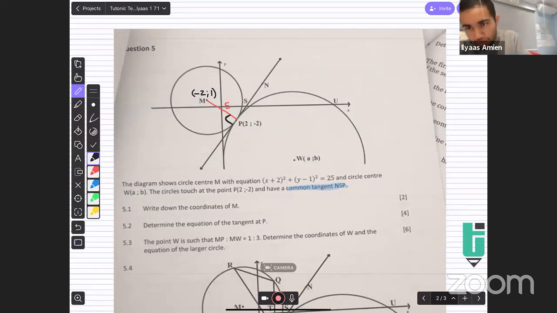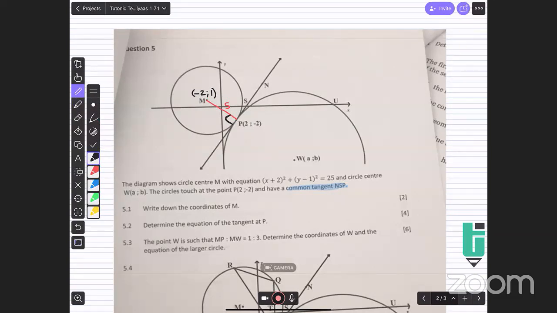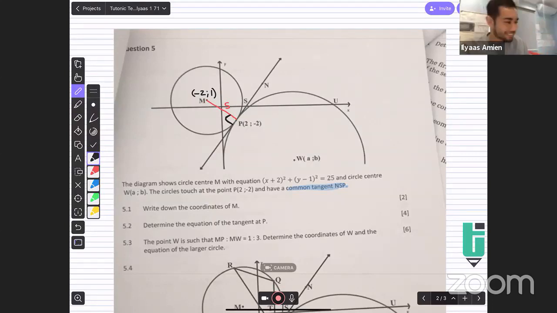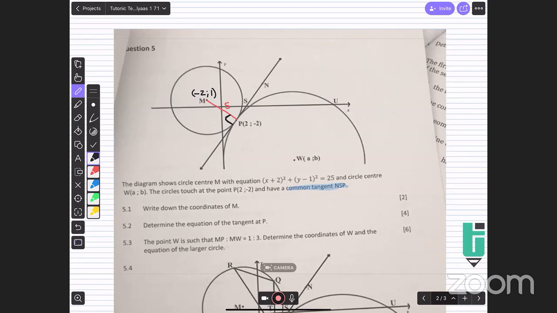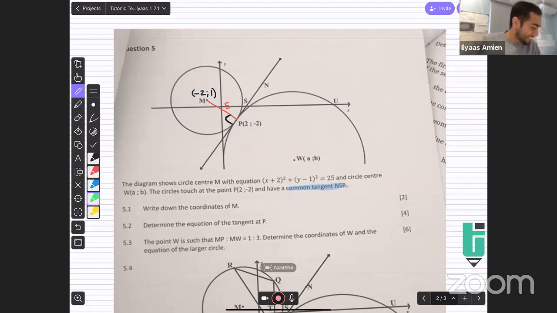And the third one? Tangents drawn from the same point are equal. Okay, but we don't have that here. I'm just trying to get you to think like this: when we see a tangent, think of the three tangent theorems.